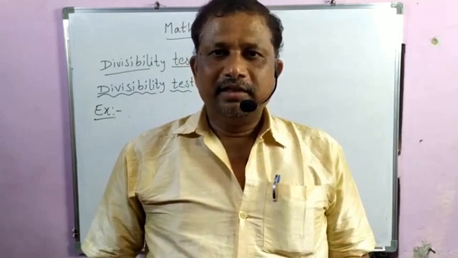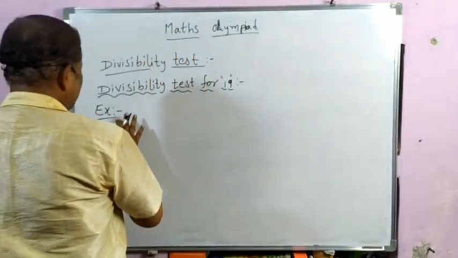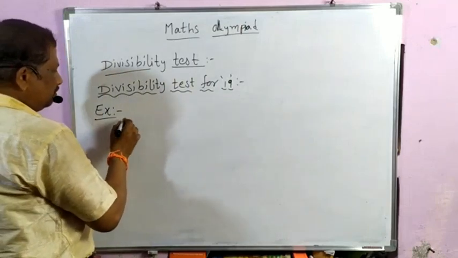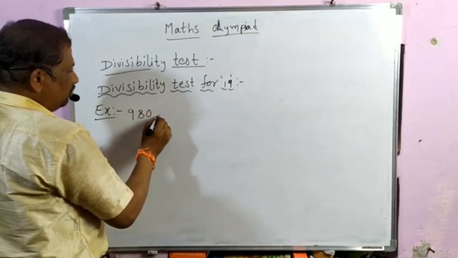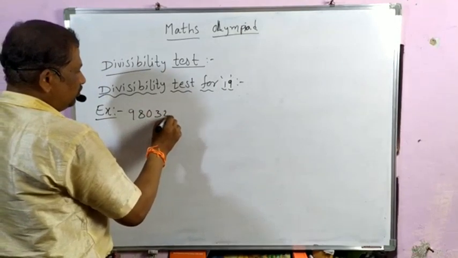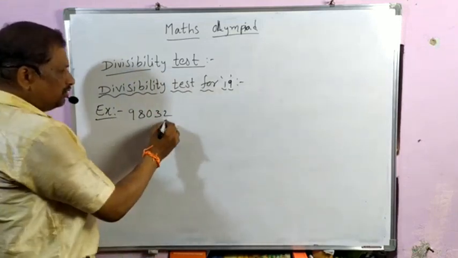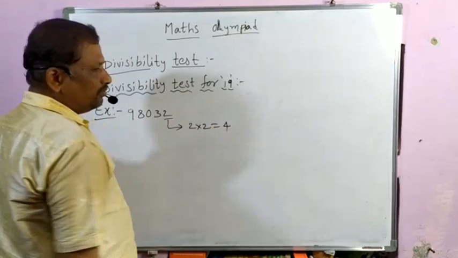Let us see this process by taking one example on the board. Let us take 98032. Here you take the last digit and double it, so you get 4.